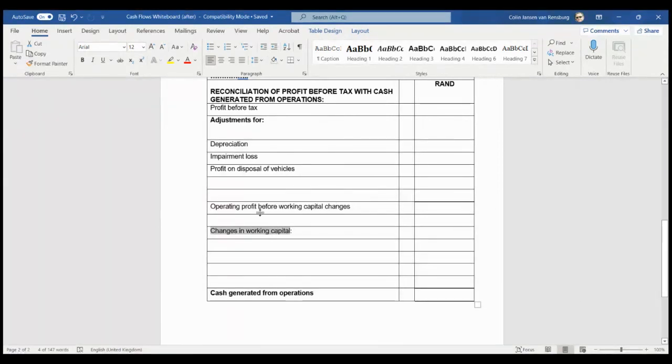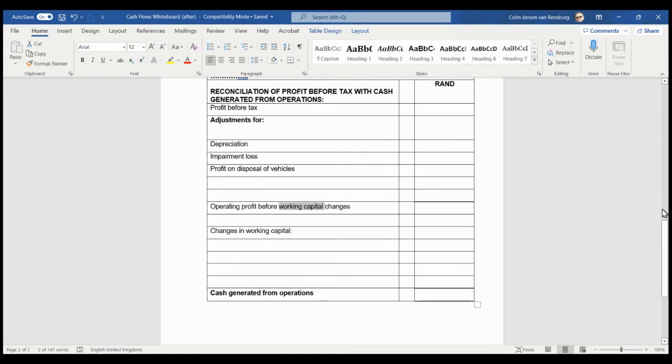Working capital, that is all current assets and current liabilities, except, you can just maybe put in brackets, except for cash and cash equivalents itself, because that is our target.